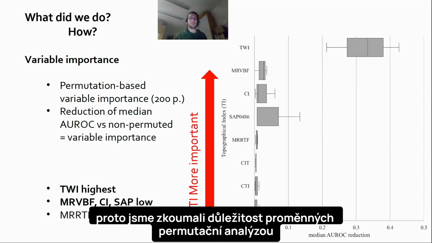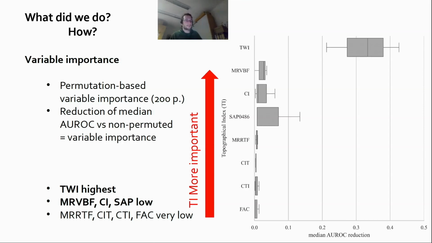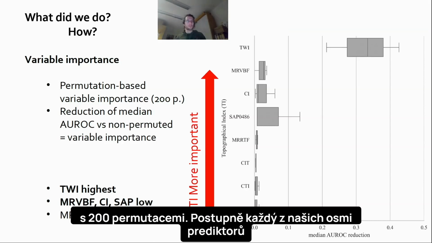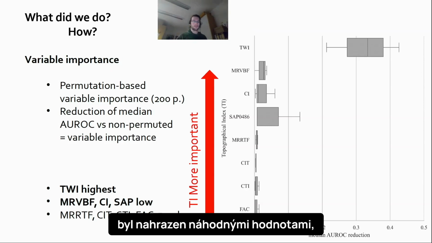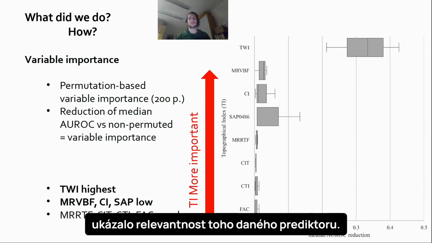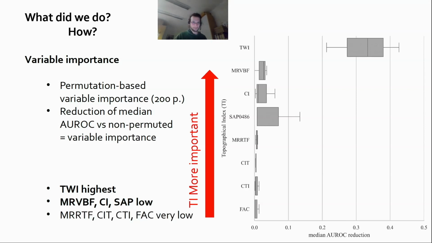So we did permutation-based variable importance with 200 permutations. That means that in turn each of our 8 predictors was replaced with random garbage values, and the resulting reduction in model performance shows the importance of this predictor.